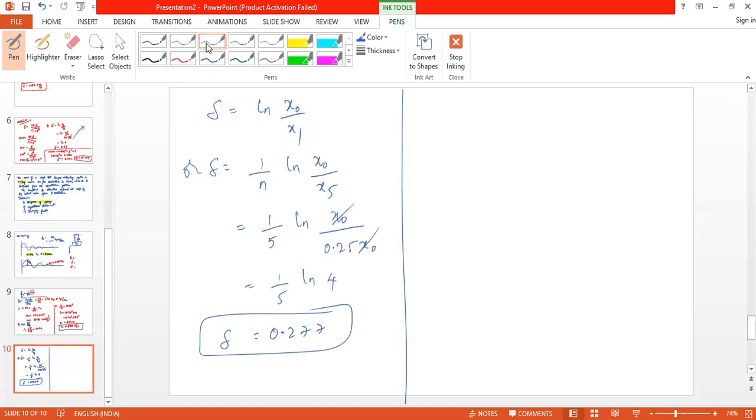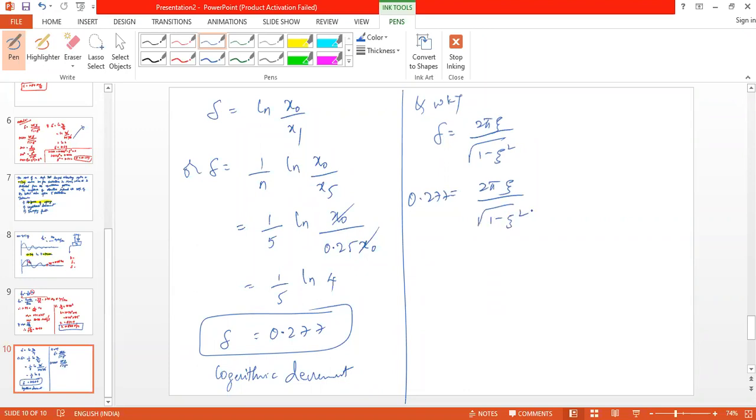0.277 is the value of delta, that is, the logarithmic decrement. Okay, and now we need to find the value of zeta. We also know that delta is equal to 2 pi zeta divided by root of 1 minus zeta square. So 0.277 is equal to 2 pi zeta divided by root of 1 minus zeta square.